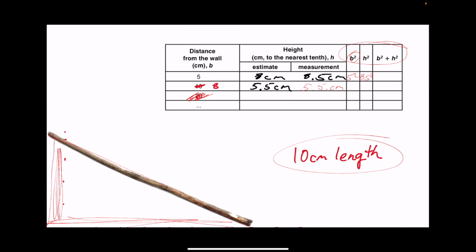And then if I do the square of 5 and the square of the height, and I add them together, how much is that? So that would be 25 plus, and I do not know 8.5 multiplied by itself by heart, and that is 72.25.